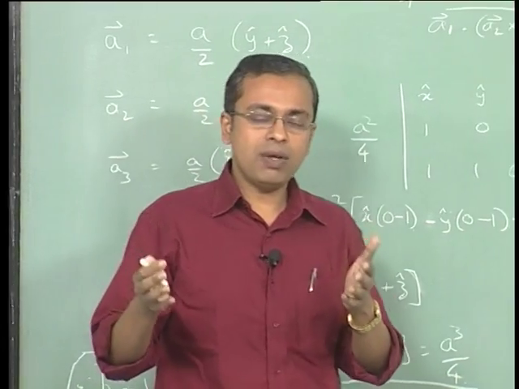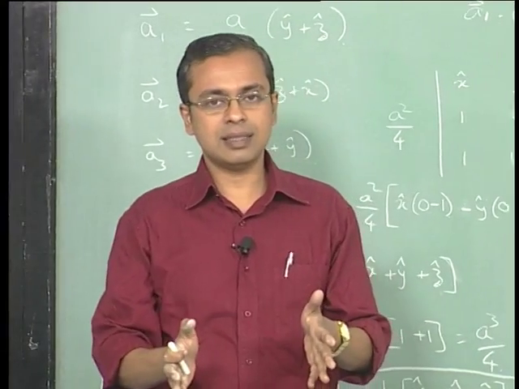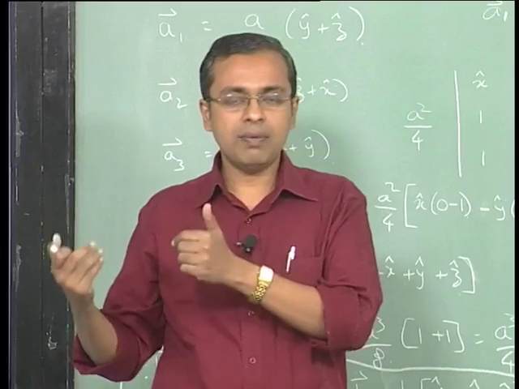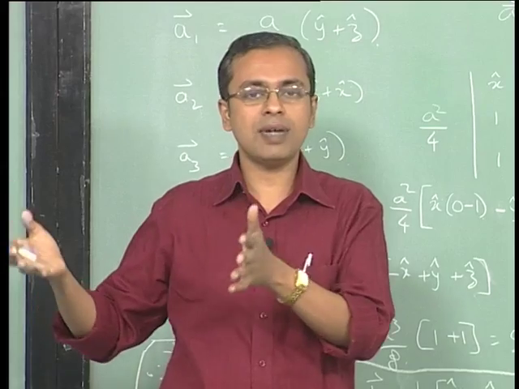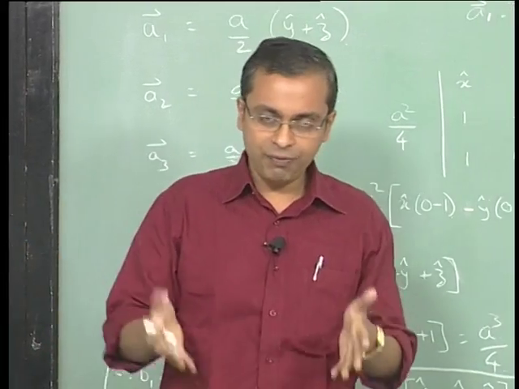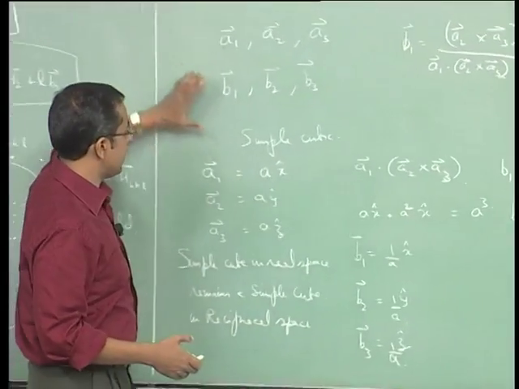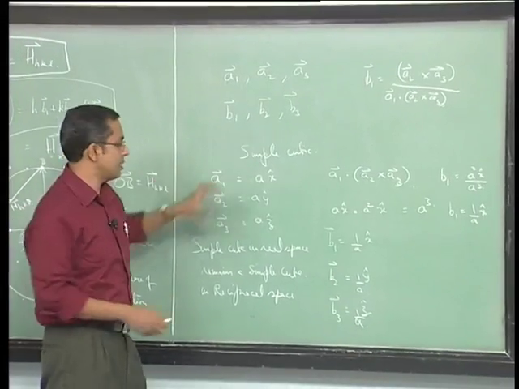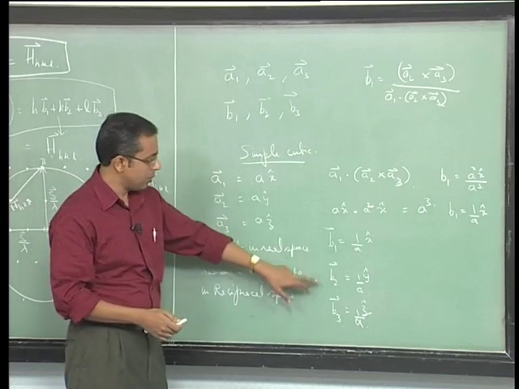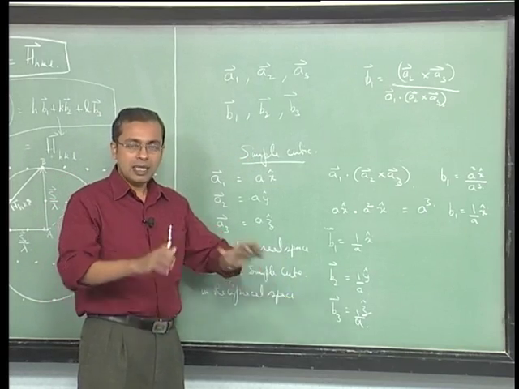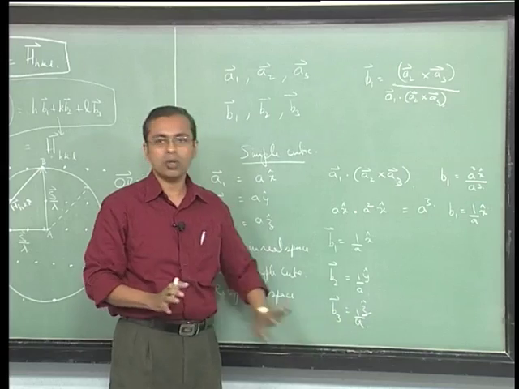Now we also want to understand that if you are given a real material with a certain crystal structure, how will you represent that crystal structure in reciprocal space, so that you can see the diffraction process in reciprocal space. We find from the discussion that if our original material has a simple cubic structure, then its reciprocal lattice, the B1, B2 and B3 that we calculate, is still simple cubic in geometry.